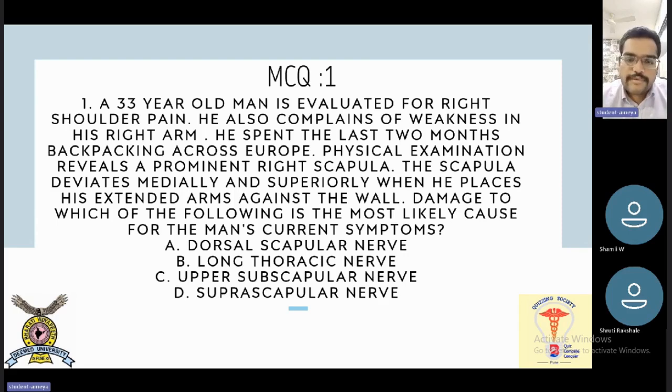So moving on to the first question. I'm going to follow the reading style of MCQ as per our DAMS pathology faculty, Dr. Sanjeev Chitragar sir. His technique of reading MCQs and how to attempt the question even if you don't know the answer.